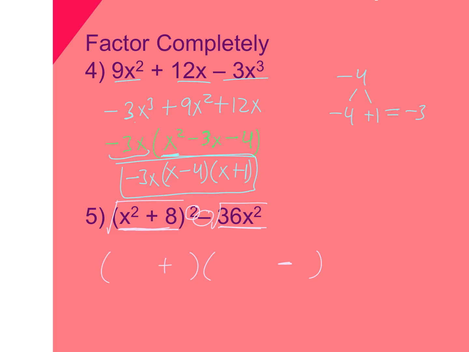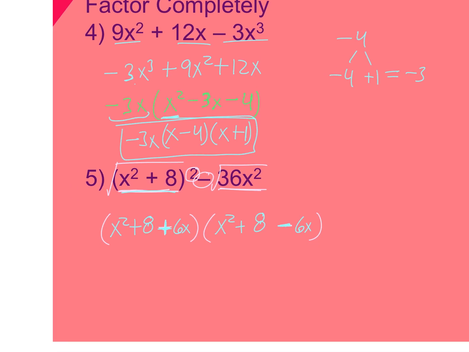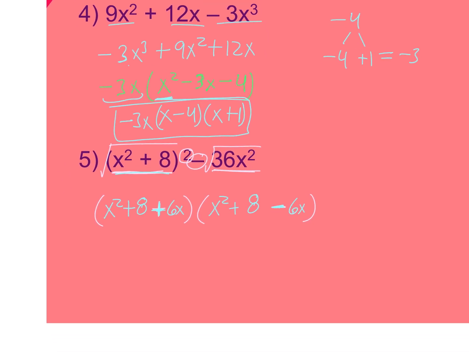So this is going to be right here. This is an x squared plus 8, x squared plus 8. And then our next one, the square root of 36x squared, is just going to get us a 6x. All right, so that's what's between, the plus and the minus is what's between those two perfect square roots.